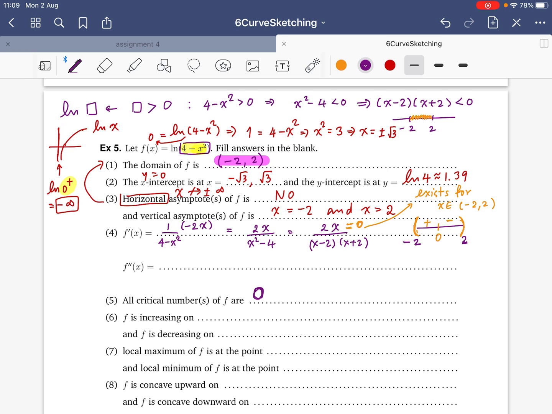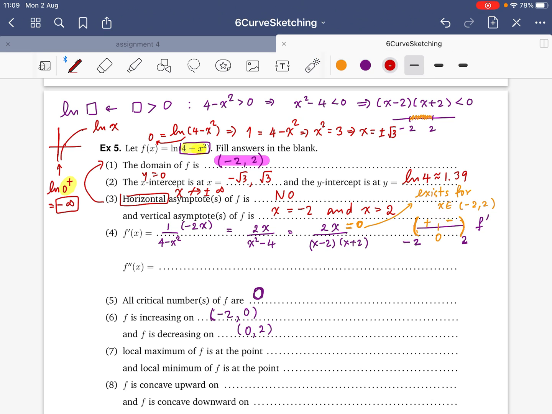And then it will be increasing from -2 to 0, on the interval where the sign of your f prime is positive, and then it will be decreasing on the interval where the sign of your f prime is negative. You already determined that it is going up and then going down, so you have a hill.